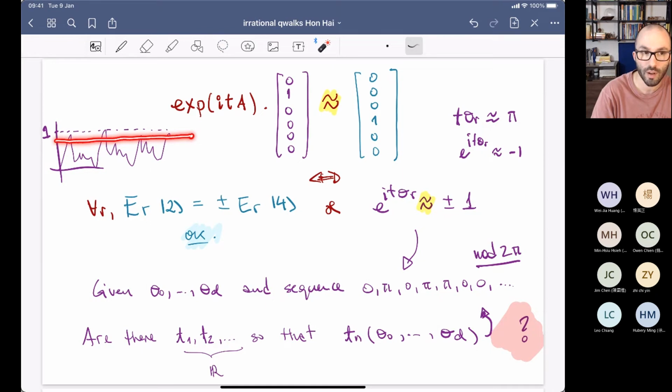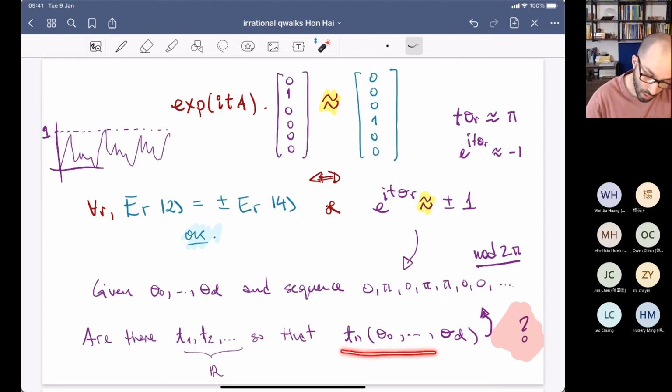So pretty good state transfer actually does happen when it's not periodic, and when you can get as close as you want. To get as close as you want, you cannot be reproducing past behavior, right? Otherwise, you're not improving. You see what I mean? Okay, I see. Thank you.